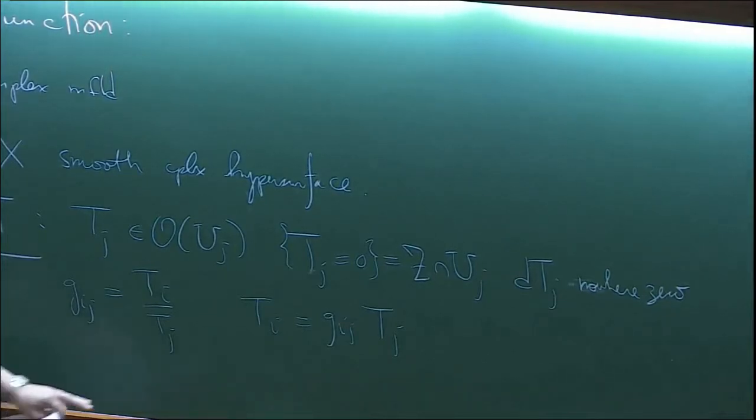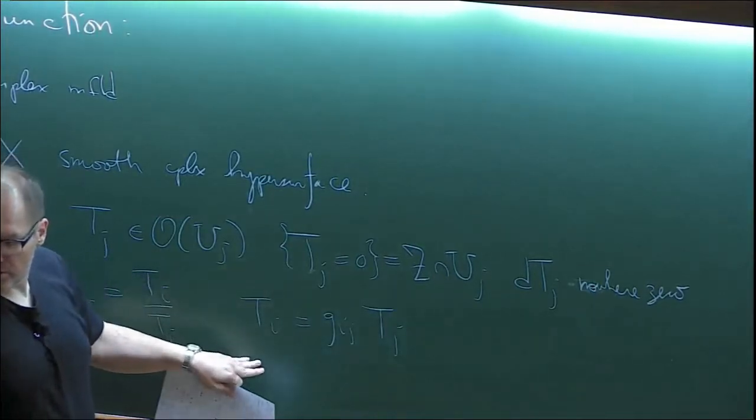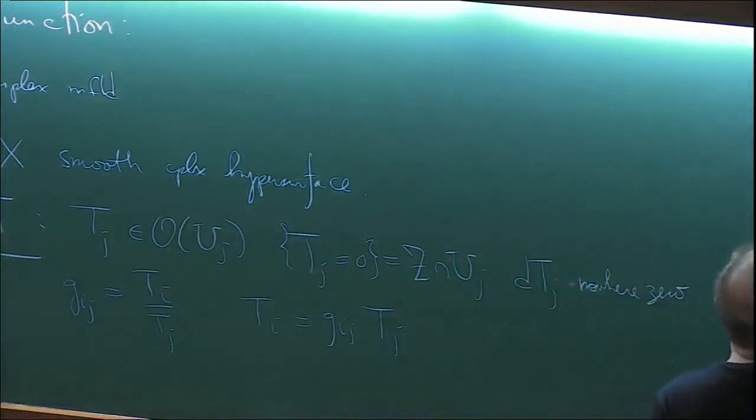So now what I want to do is something that may look strange. I want to apply the exterior derivative to this. So I get dTi equals Gij dTj plus dGij Tj. And I can do this because I'm working locally; these are just holomorphic functions.